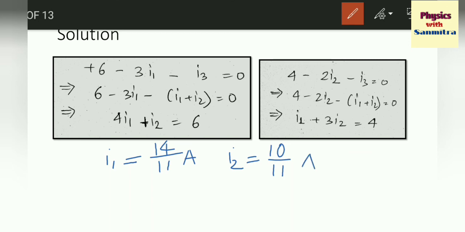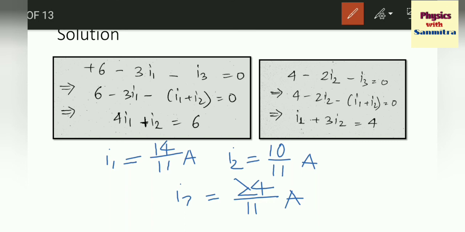And what will be I3? I3 will be 14 plus 10, that is 24 by 11 ampere. So by following that downhill and uphill analogy of a river, you can easily solve the circuits. So the sign convention might be clear to you.